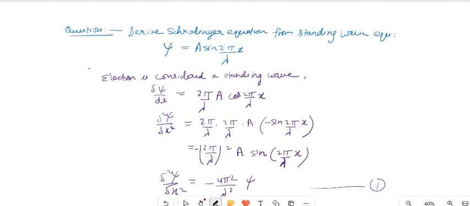So dou psi by dou x is equal to 2 pi by lambda a cos 2 pi by lambda into x. Now again differentiating with respect to x, we get dou 2 psi by dou x square equal to 2 pi by lambda into 2 pi by lambda into a into minus sine 2 pi by lambda into x.